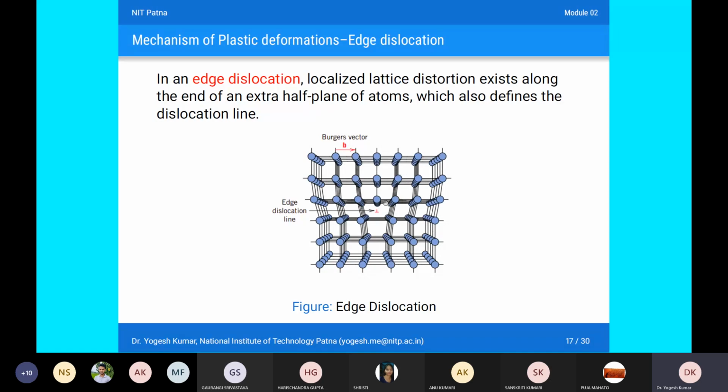Okay, so how this half plane of atoms moves, this we will see in the next discussion. Okay, so in edge dislocation, there should be some extra half plane of atoms in your crystal structure.